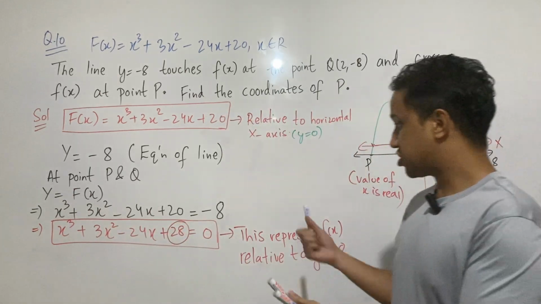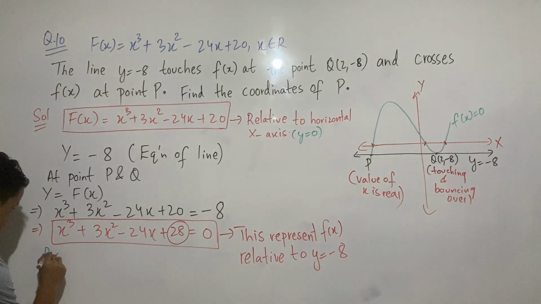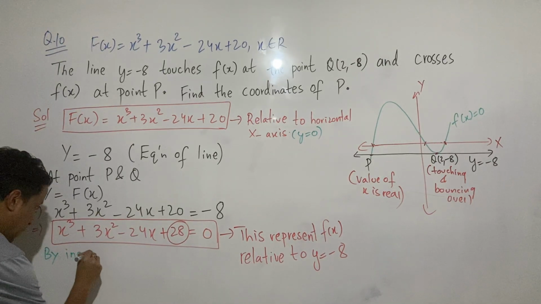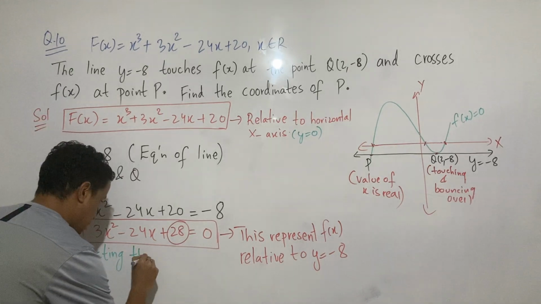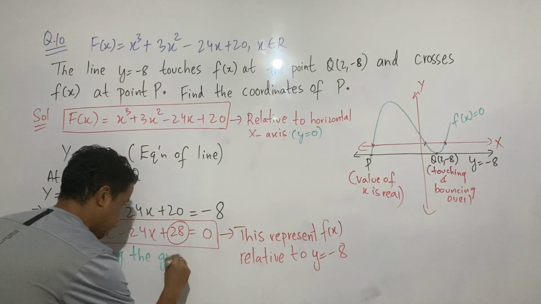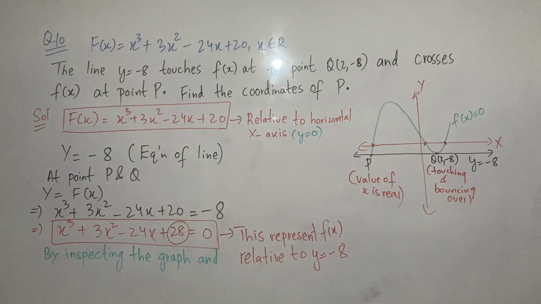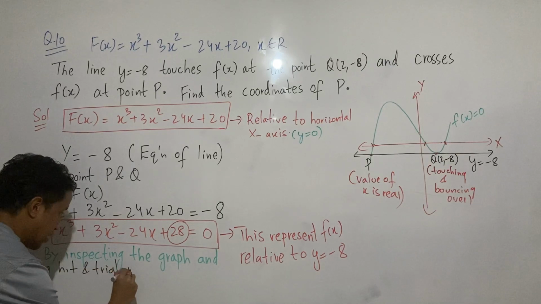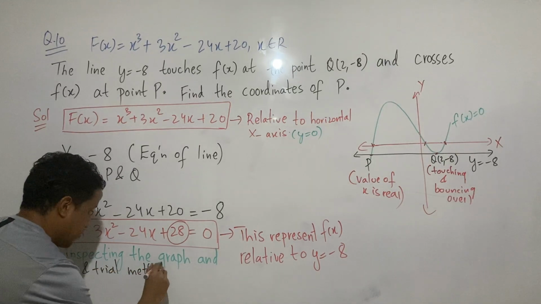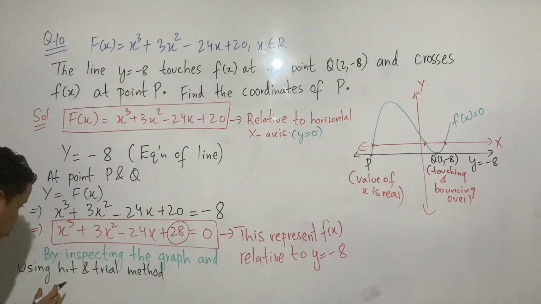So just by inspecting the graph, and using the hit and trial method, I can write here f of 1.